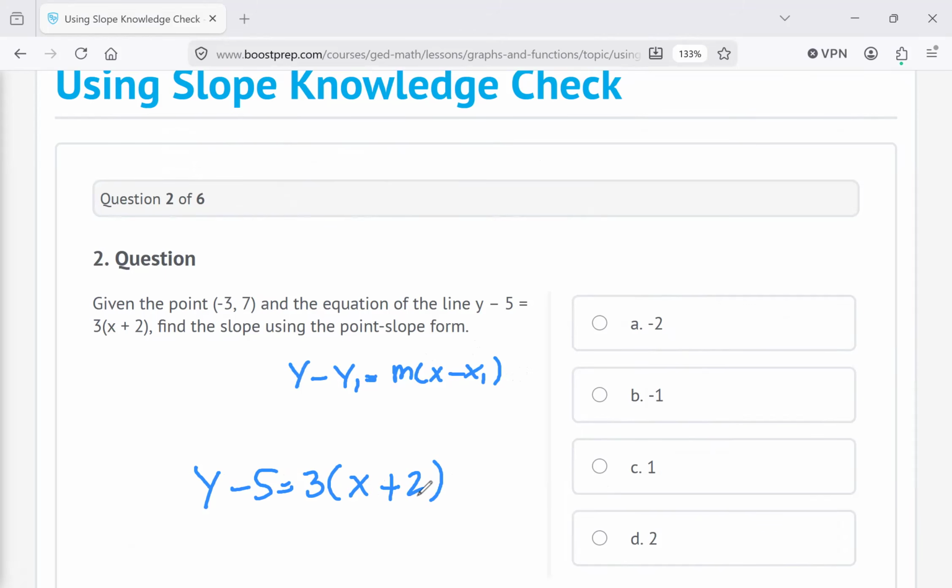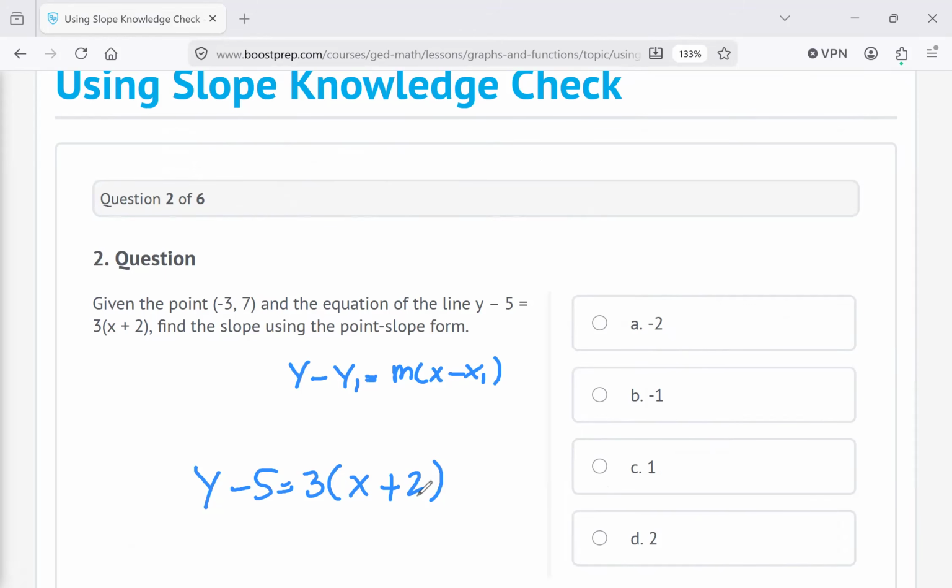I think what I would do is just, given the point -3, comma 7 and the equation y minus 5 equals 3, find the slope using the point slope form.